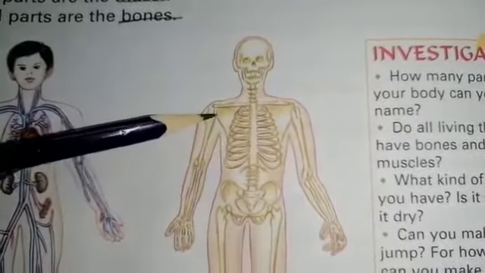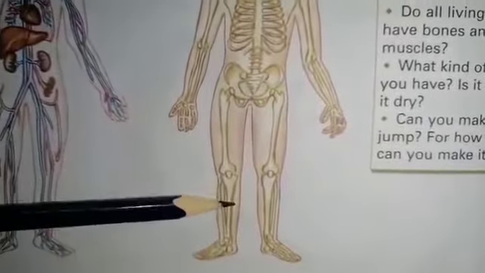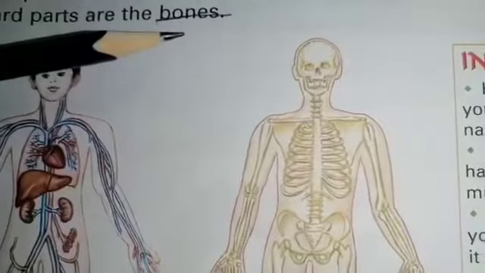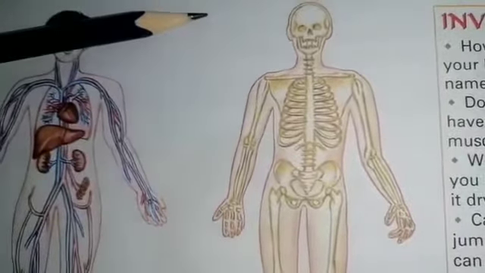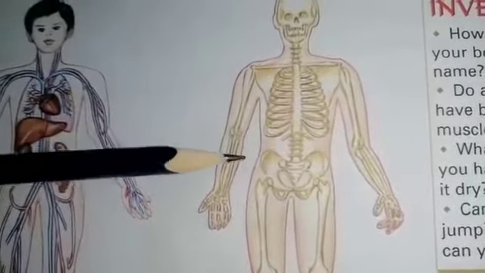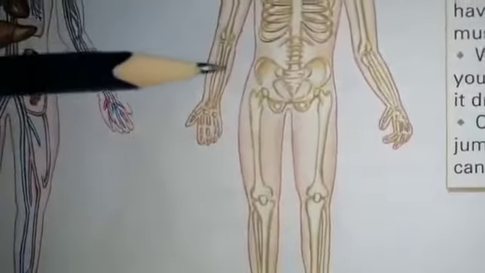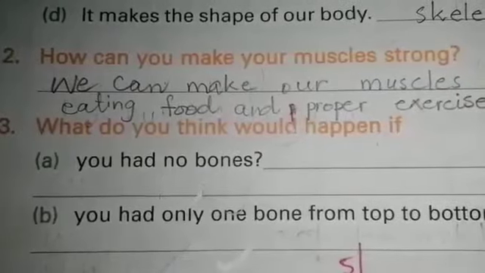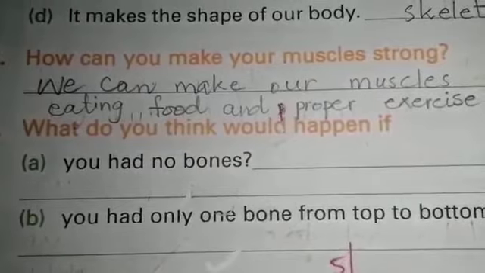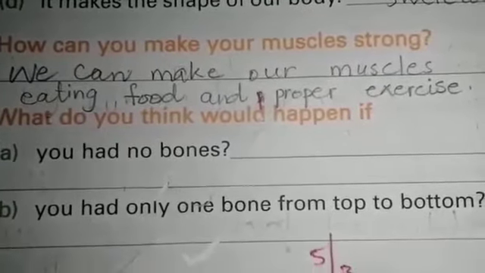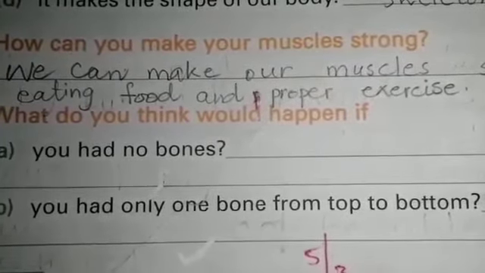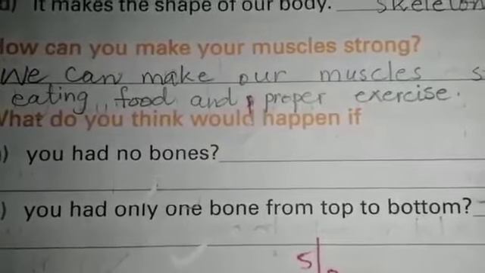So if we have no bones or skeleton in our body, we would hang loose. We will not be able to do anything. So here we can write: if you had no bones, you would hang loose and would not be able to do anything.